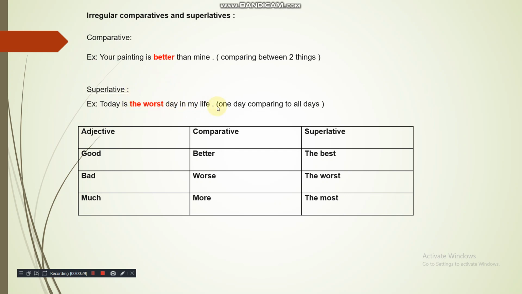Here we are comparing one day to all days. That's why we use superlative adjective. Okay, here we have the adjective, here we have comparative, how we make it comparative, and here superlative. Good, better, the best. Bad, worse, the worst. Much, more, the most.